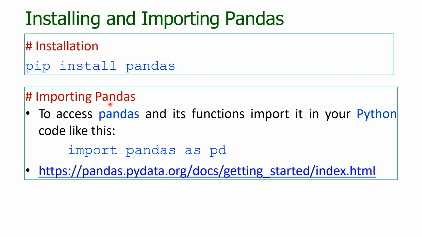Once you have Pandas installed, you can import it in your program by using the import command: import pandas as pd. So in the later part of your code, you can use pd instead of pandas, and here pd is serving as the short form for Pandas. You can also find the details of installation on various other platforms at the link pandas.pydata.org.